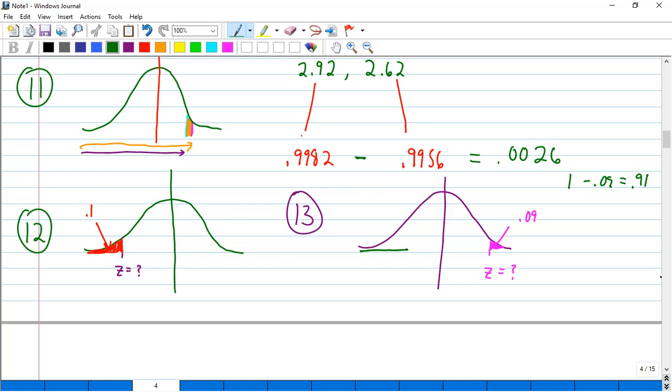So if I look up all of this area, 0.91, that will give me the z-value that would correspond to an area to the right of 0.09 and to the left of 0.91. The problem doesn't tell us about that. We just have to figure it out. So let's look at the table and let's get as close to 0.09 as we possibly can.